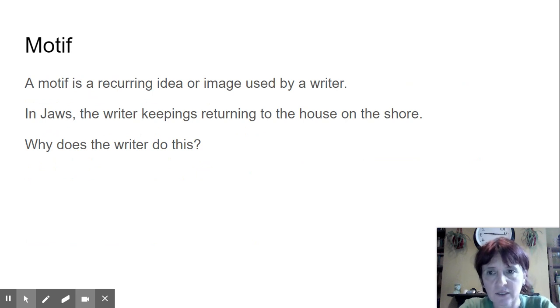I think he does it. Maybe you came up with this, maybe you didn't, but maybe the house represents safety. The lights and the house on the shore represent safety, and a hope that she might be rescued. And I think this hope actually goes to create the tension, because if there's no hope of being rescued, there's just no tension.